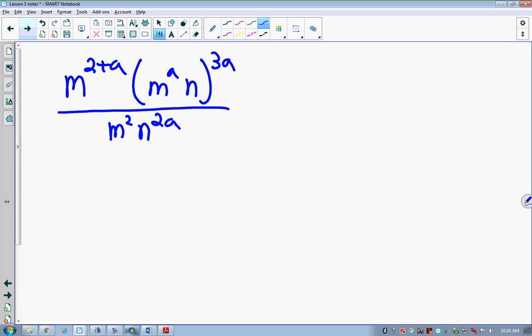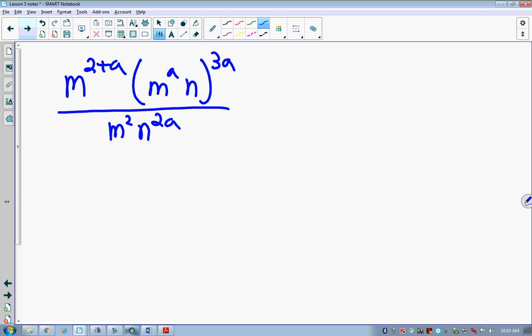So order of operations. What happens first? Allison, what happens first in order of operations? Parentheses. Can I reduce m to the a times n? No, they won't reduce. So what comes next?